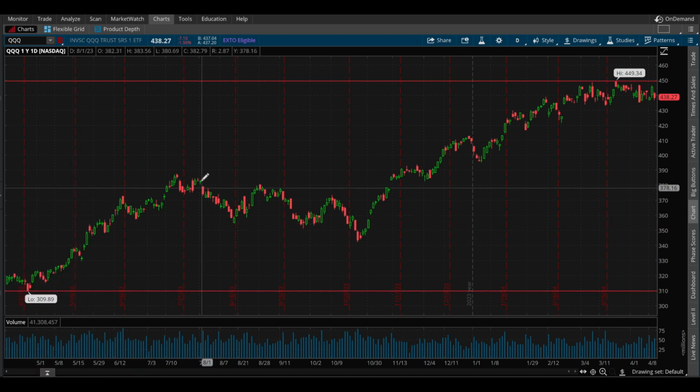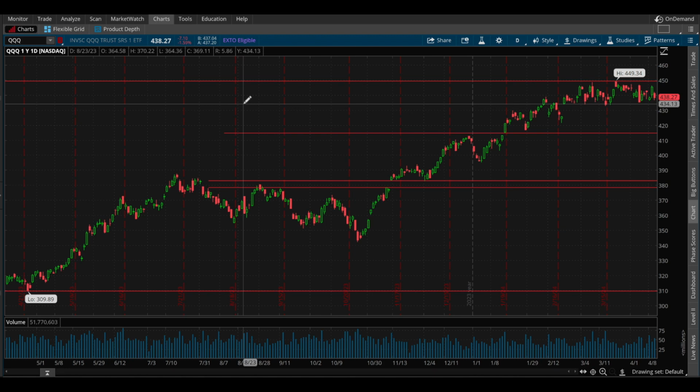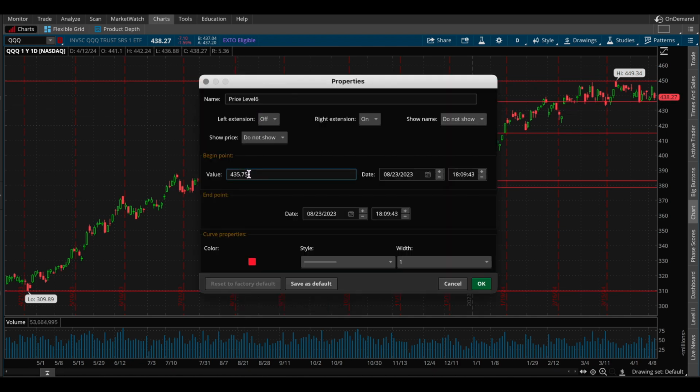And there's not really a whole ton that I want to go over with this yearly chart. I'm just kind of looking for reversions, gap fills, just the obvious things so that you guys can see how you would go about charting on these types of time frames. And you know what? I think I want to edit that to 436.